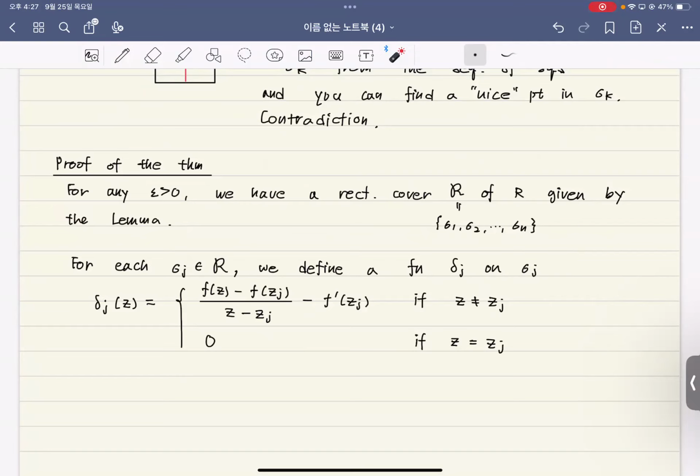If the point z is other than zj, then f(zj) and f'(zj) are constants, and the rest are polynomials, so this is continuous, because of our assumption, and f(z) is always continuous since it is an analytic function. And if z equals zj, now we need to consider a little bit.